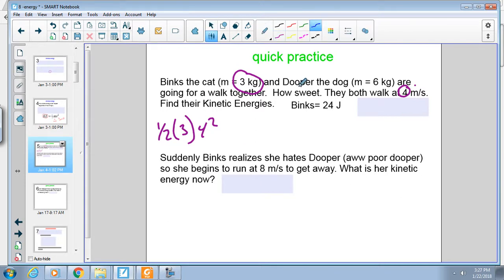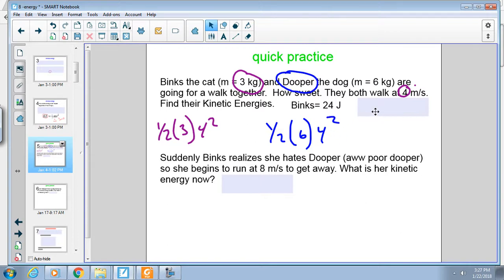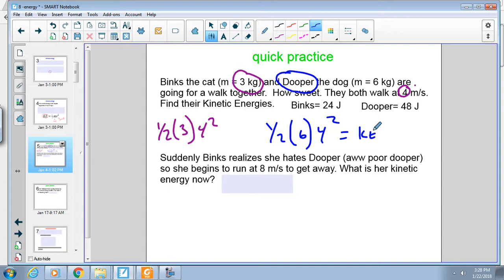Then there's Duper, who has a mass of 6 kilograms. So now we have 1/2, 6 kilograms, still going at 4 meters per second, and he should have a kinetic energy of 48. Even though they're traveling at the same velocity, because they have different masses, they have different kinetic energies.